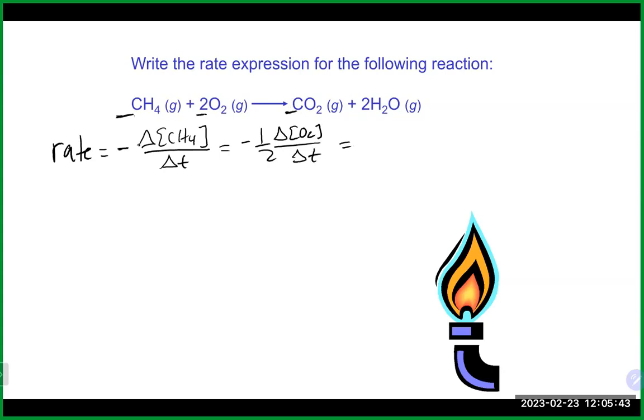Now moving to our product side, we should be increasing with time. So these are going to be positives. So that would be the change in the concentration of CO2 over the change in time. And once again, here we do have a coefficient of 2. So that's going to be 1 over 2 change in the concentration of H2O over the change in time. Any questions on that one there?